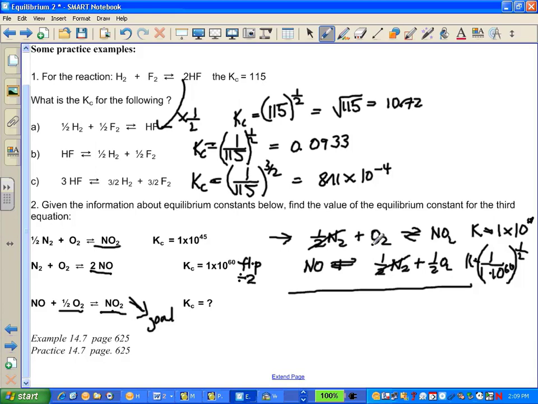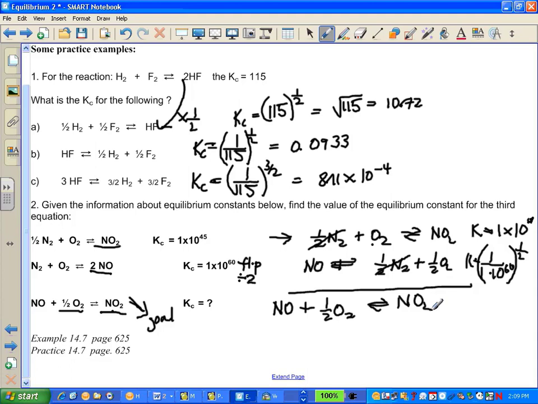We've got O2 on the left and 1/2 O2 on the right side of the arrows. So what we will be left with here is NO plus 1/2 O2 in equilibrium with NO2.